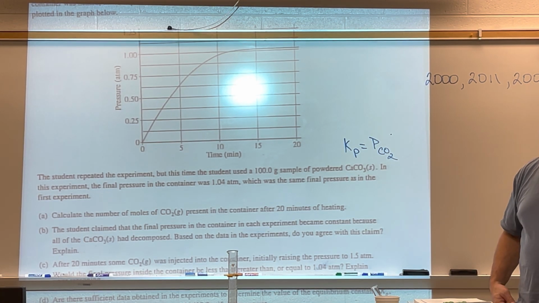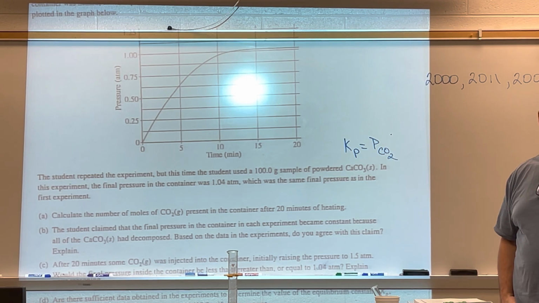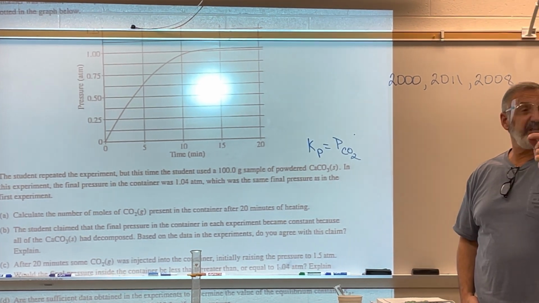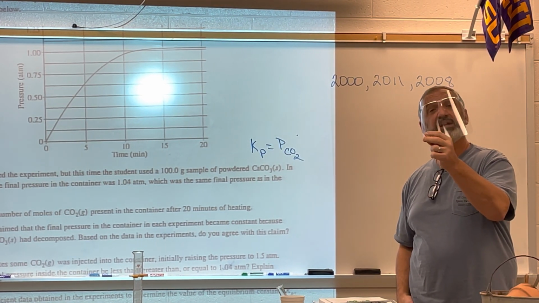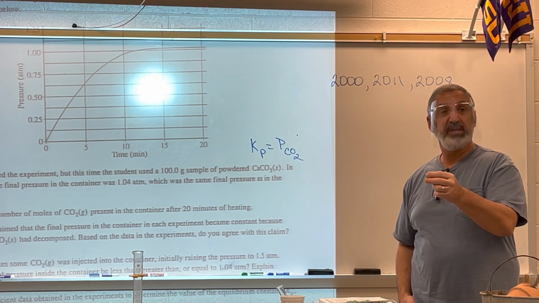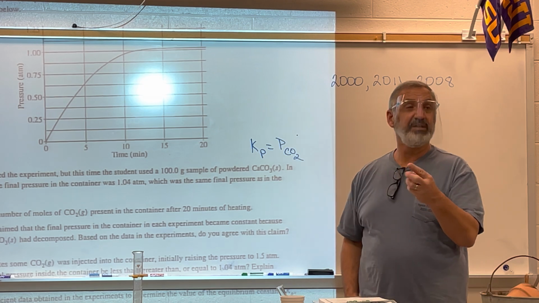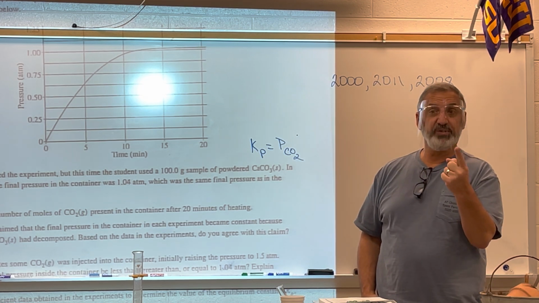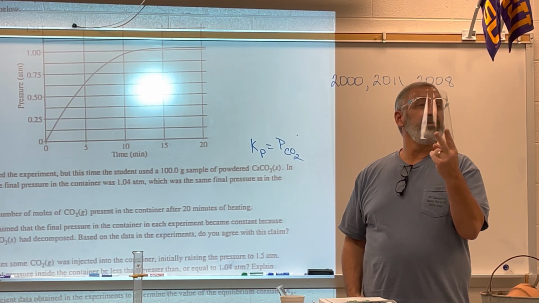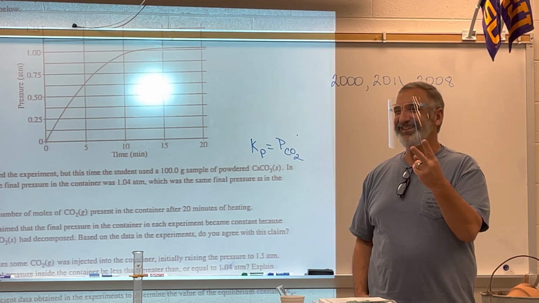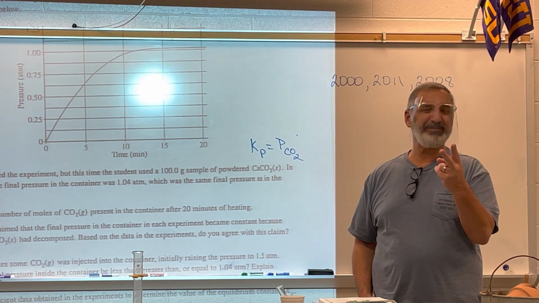What we need to know for the test is you need to know how to calculate K given concentrations at equilibrium. And remember, there are 3 different ways in which you are going to be given concentration. You can be given it directly, all of them, which don't count on that, that's just plugging into the equilibrium expression.